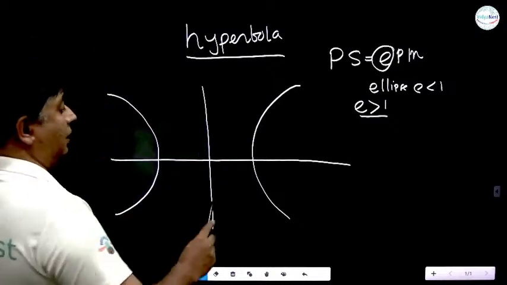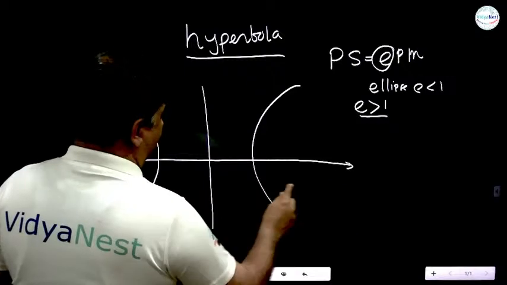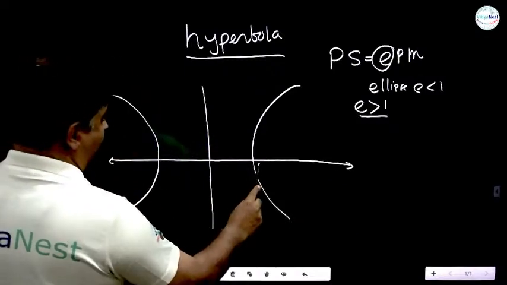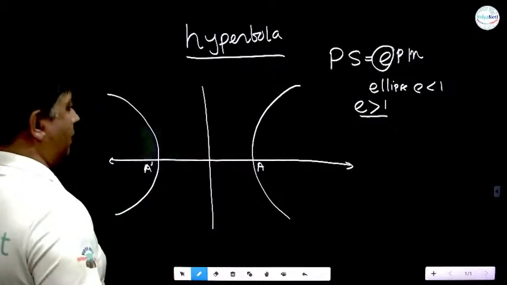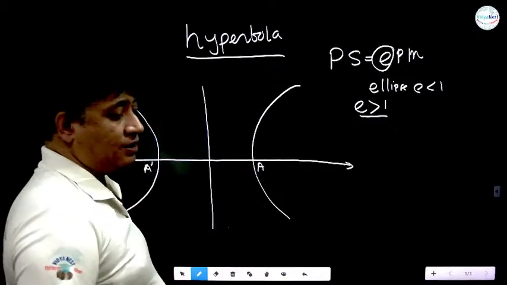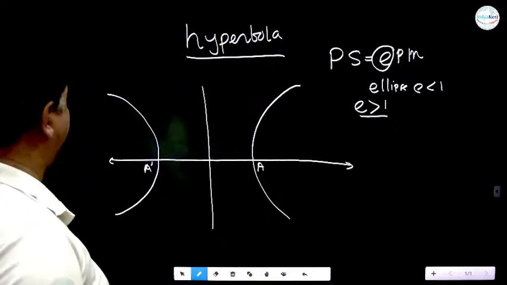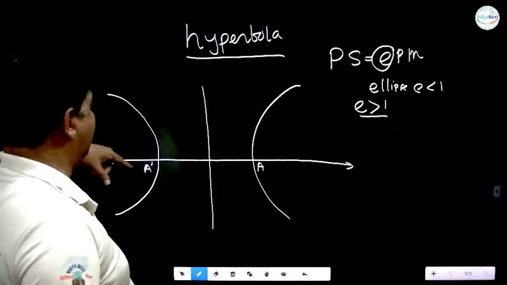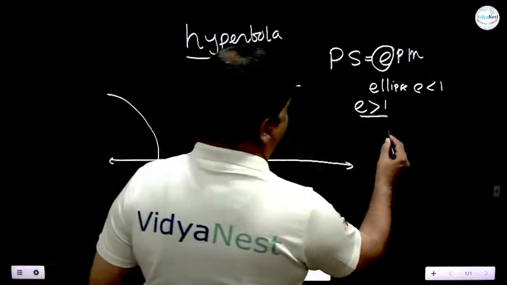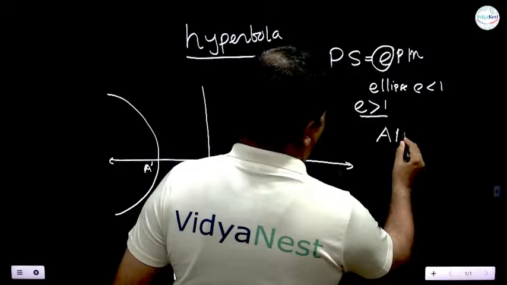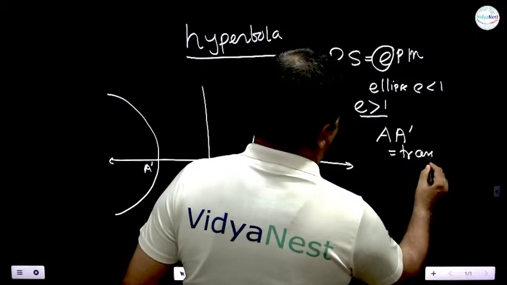Now, this curve meets the horizontal axis at A and A dash, like the ellipse. In the ellipse you had the major axis and minor axis, and here A A dash will be the transverse axis.